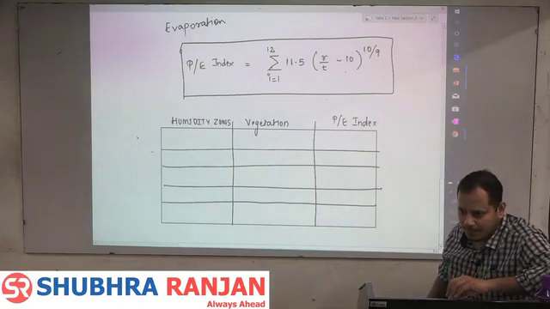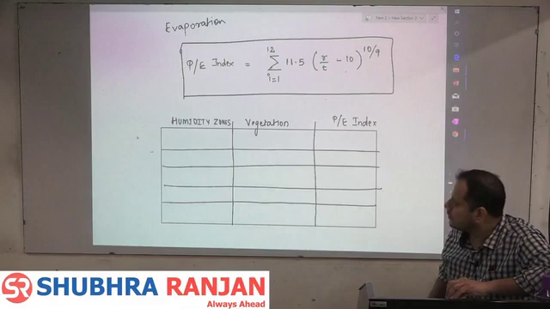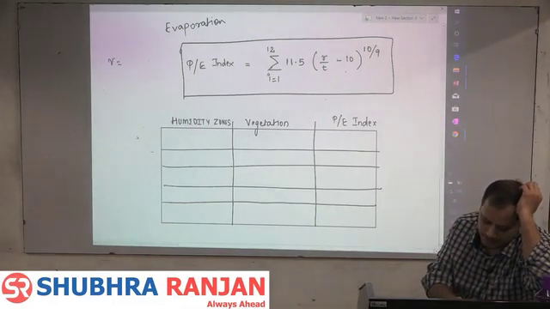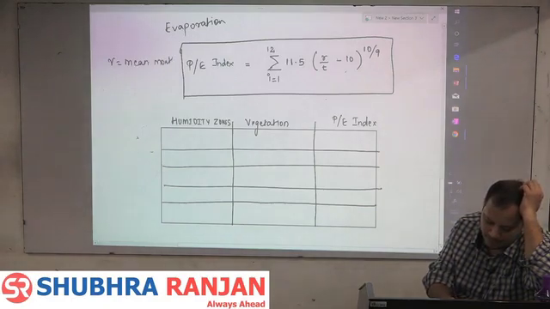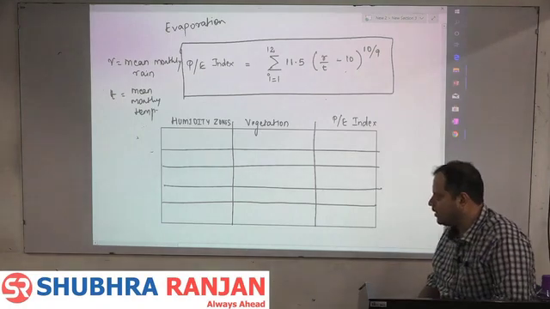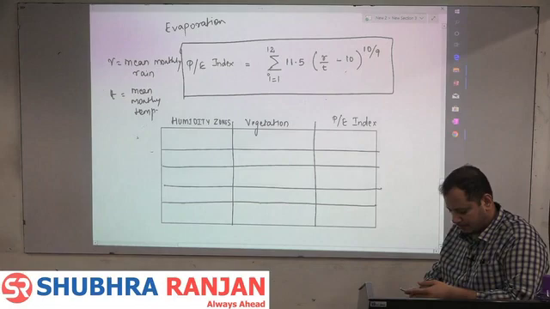Can I continue? P by E index, where R is mean monthly rainfall, T is mean monthly temperature.